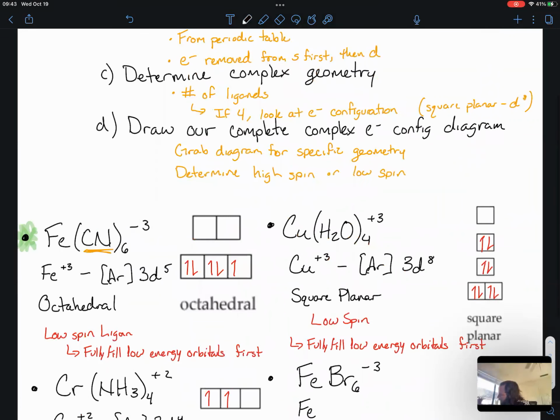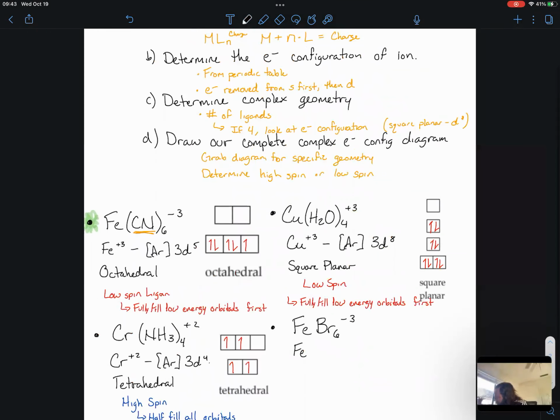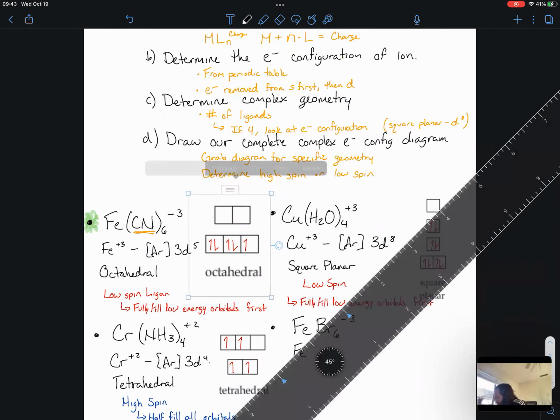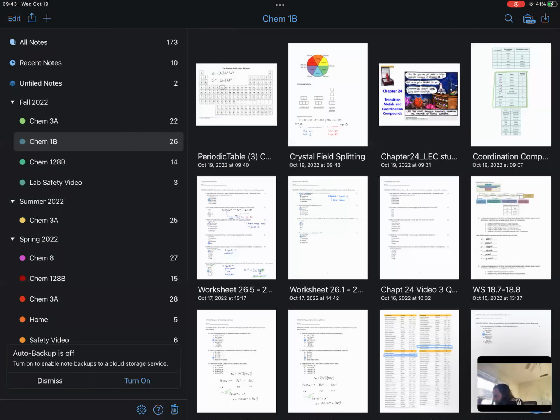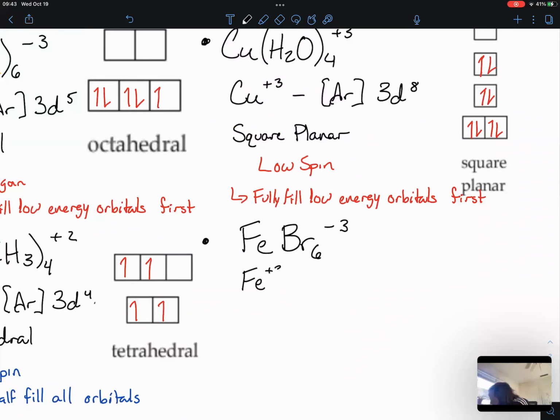Each of those 6 has a -1 charge, and the sum is -3 charge, meaning that my charge on my iron ion has to be +3.